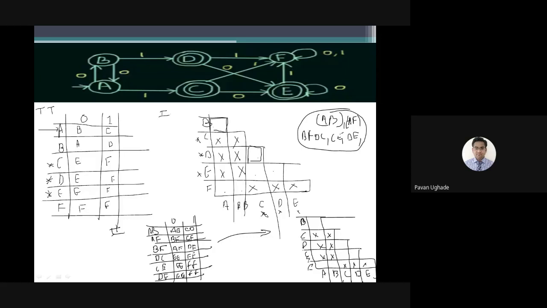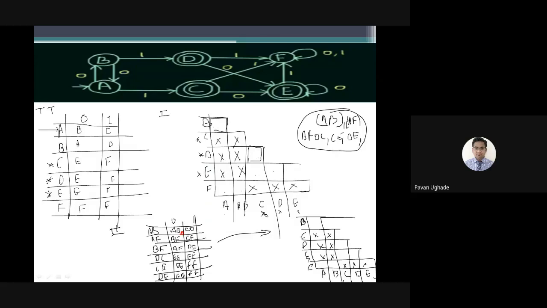Okay, now start marking the things. AB was blank in this step 1. Just check whether AB was blank. Yes, AB is blank, so we will make this blank.